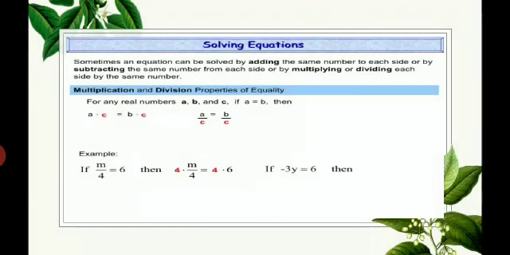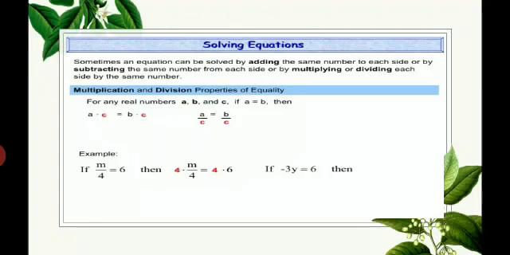Now how can you solve it if the terms are in multiplication or division form? You just change the operation. For example, m over 4 is equal to 6. Now 4 is dividing here. You want to know the value of m, so you multiply by 4.